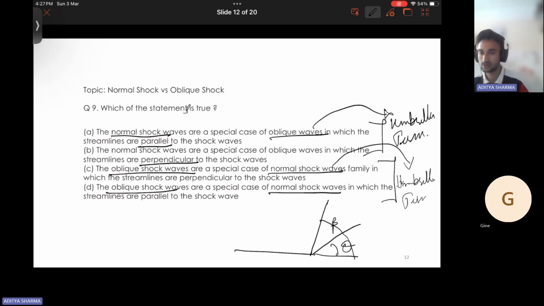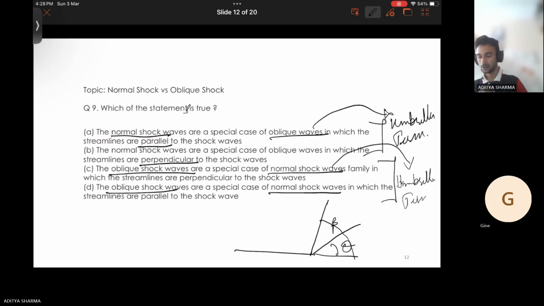In no case is it that the shock waves are parallel to the streamlines. Either there is some angle to the streamlines, or it is totally perpendicular to the streamline. There are two broad cases only: either this is oblique or this is perpendicular. There is no case in which the flow is moving in this direction and the shock is also in this direction.